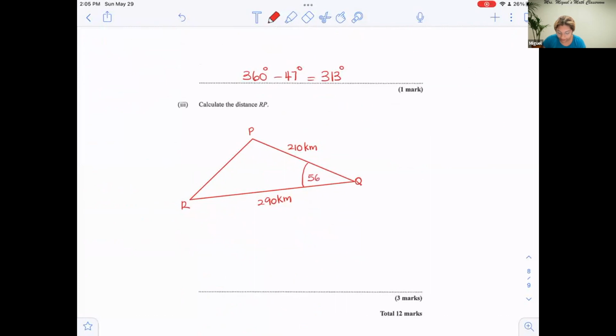All right. We have two sides and the included angle. Which rule are we going to use, cosine or sine?